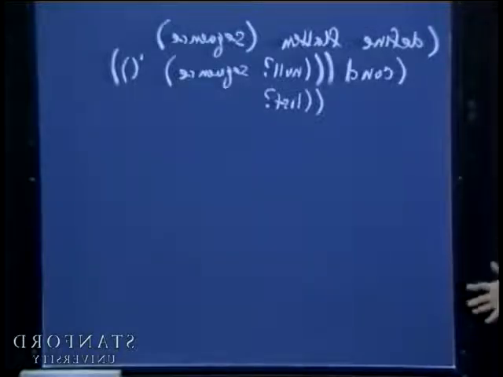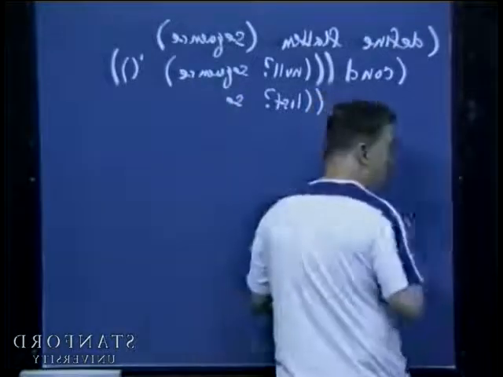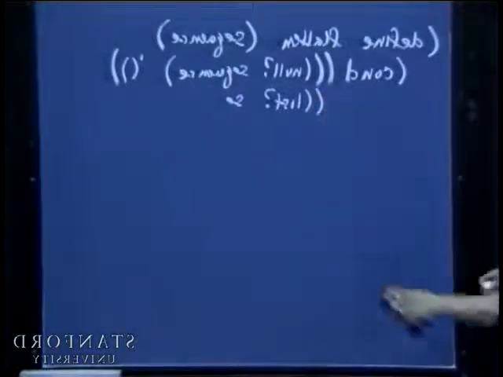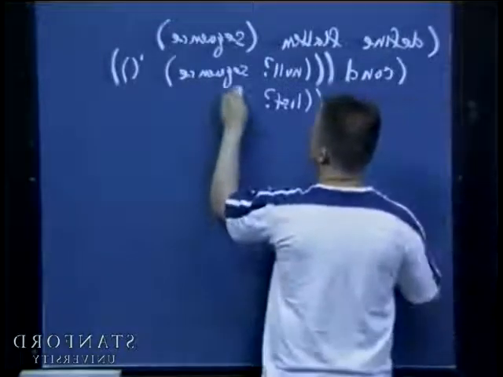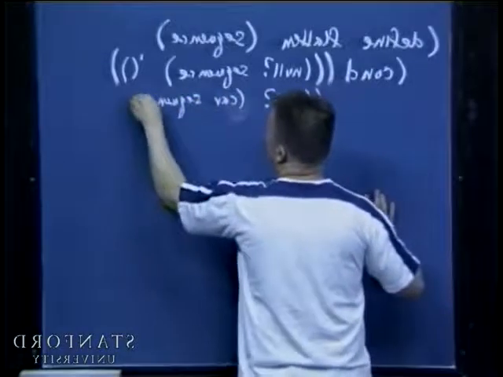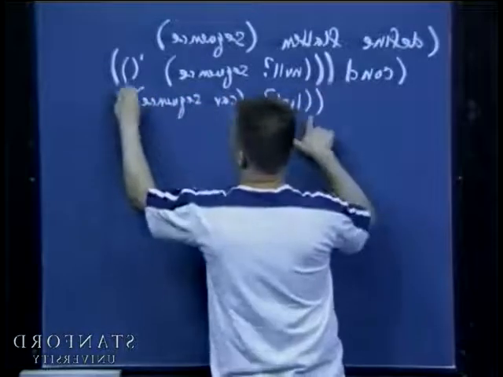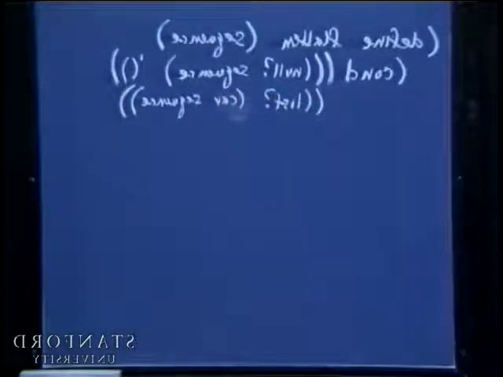Because if so, I want to react differently. Is car of sequence a list? If so, what I want to do is flatten the car, flatten the cdr, and append them. Does that make sense to people?